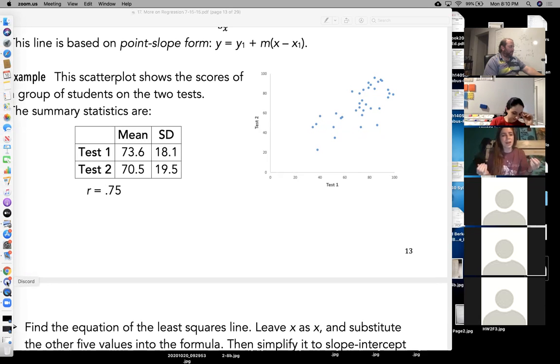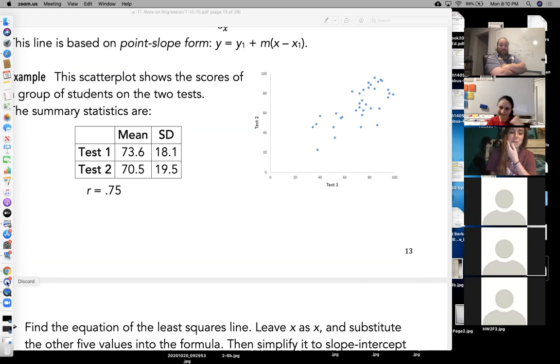It's the percentage of the 2 tests. So that means that 56.25% of the data variability can be attributed to the test 1 scores.